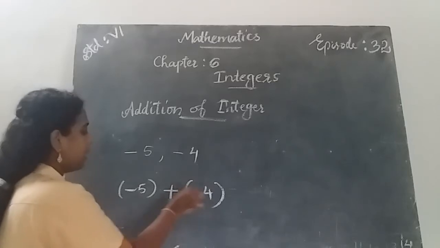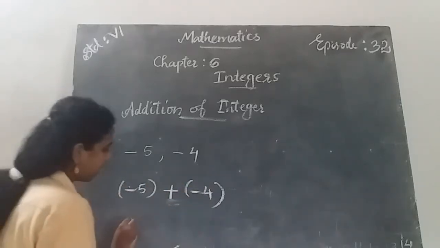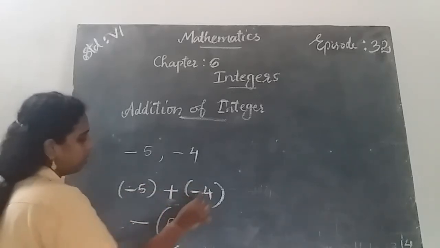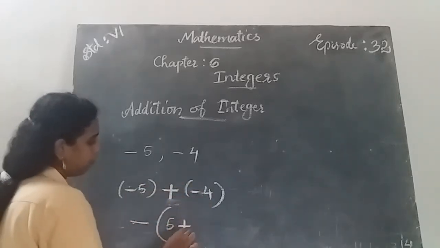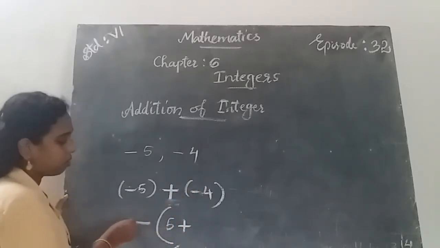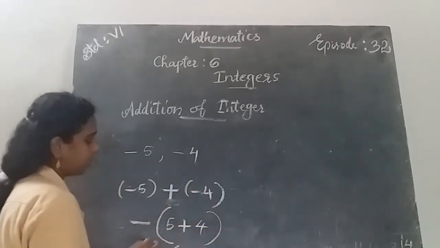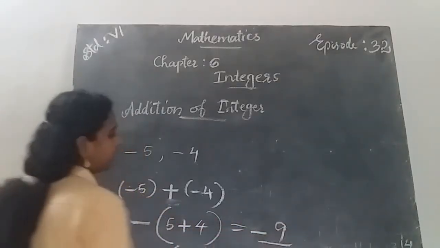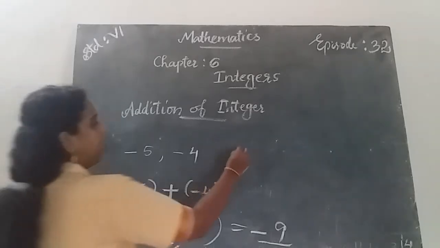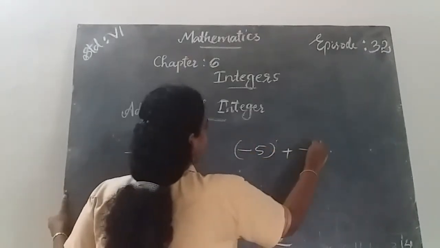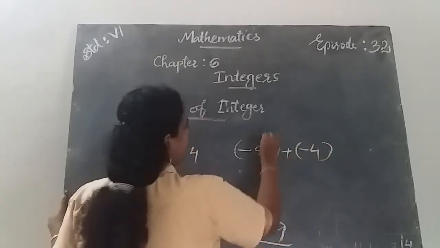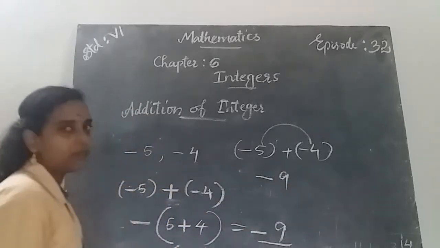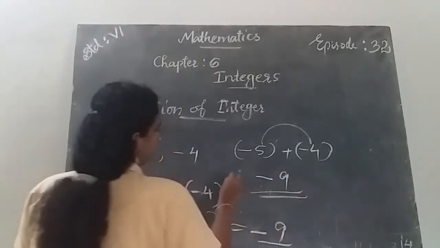The negative is common in both numbers, so take the negative common, write 5 plus 4, which is 9. So we get negative 9. Since these are two negative integers, we take the negative sign, and we get a negative integer.